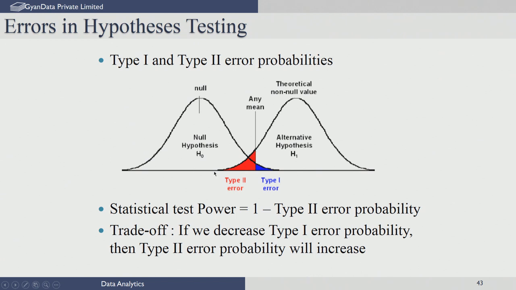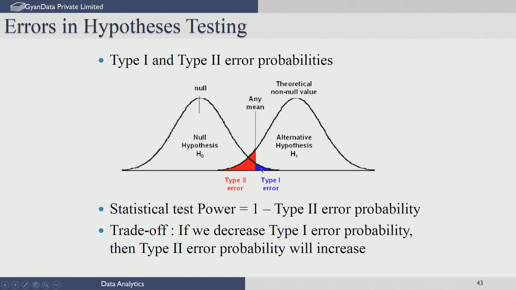The probability that the statistic will be left of the threshold is given by the red area, and that is going to be your type 2 error probability, and the power is just 1 minus this, which is the area to the right of the threshold under this distribution under H1. Now, notice that as you move the threshold to the right, the blue area shrinks, which means your type 1 error shrinks, but your red area increases, which means your type 2 error increases. So, there is a trade off.